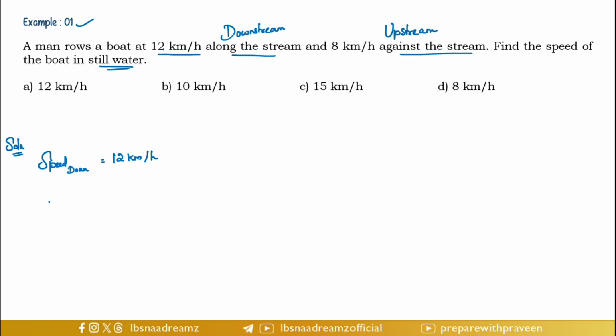Upstream speed is equal to 8 km per hour. So we have to find the speed of the boat in still water.